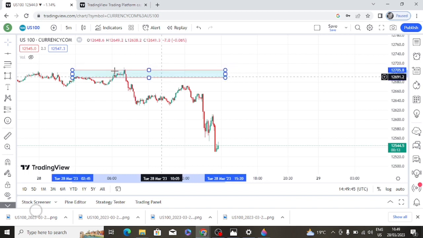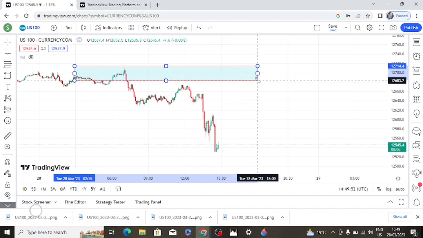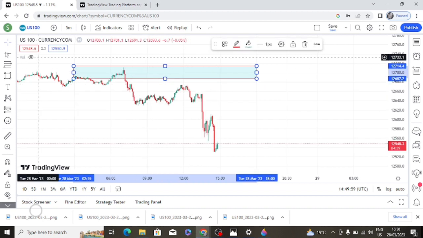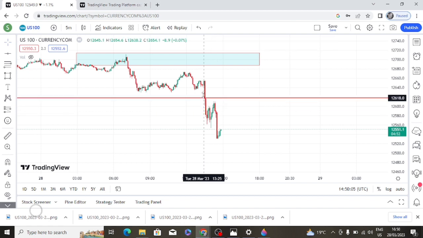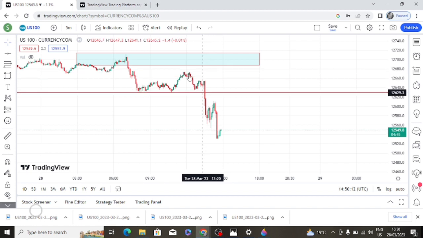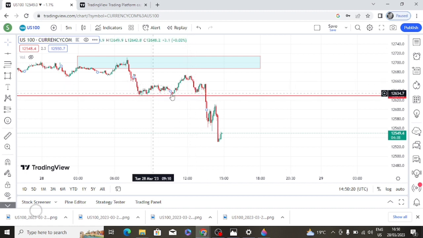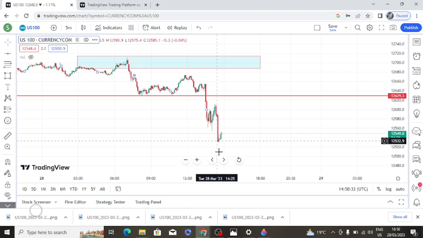Okay, this would have been our Quasimodo, and I'll come back to the parameters in just a bit, but this would have been our Quasimodo area, meaning if price was unable to break this area, if price came back to the FTR, came back down, but was unable to break this resistance, this support, it would have come to the Quasimodo area and then made that downward trend.